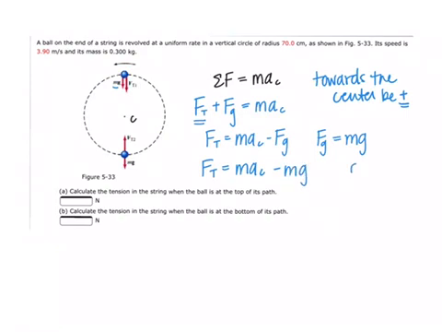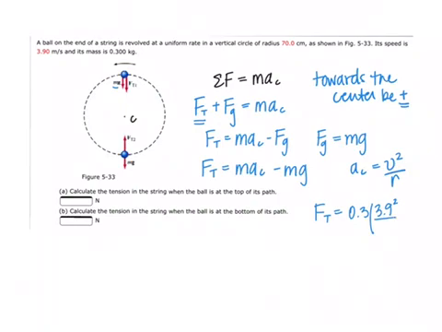Now, remember, A sub C, the centripetal acceleration, is v squared over r. So then I can find the tension force as being equal to the mass, 0.3, times my centripetal acceleration, which is v squared, 3.9 squared, over r.